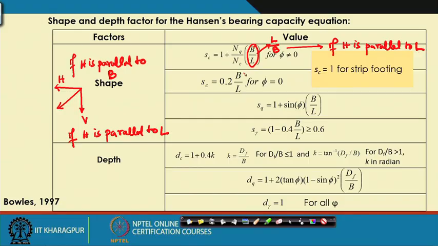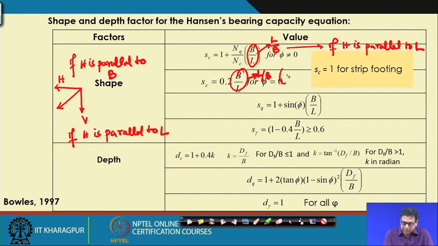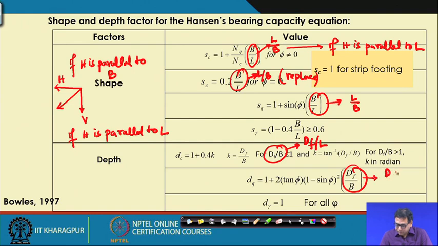Similarly, this one will also be L by B, and here also you have to replace it by L by B. And this will also be replaced by dF by L, and this will also be dF by L. Remember that.